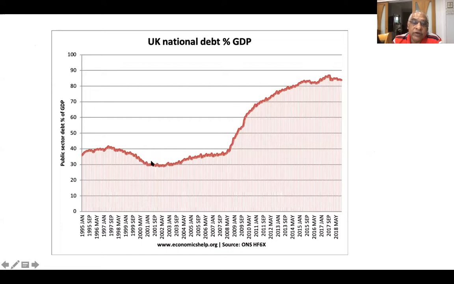So even the Labour government was following the reduction of public debt, cutting down, and they had achieved that. They had declared they wanted to bring it down below 40. And in 2008, it was around this 40, 45. Then, in spite of the austerity measures, public debt has not come down at all.